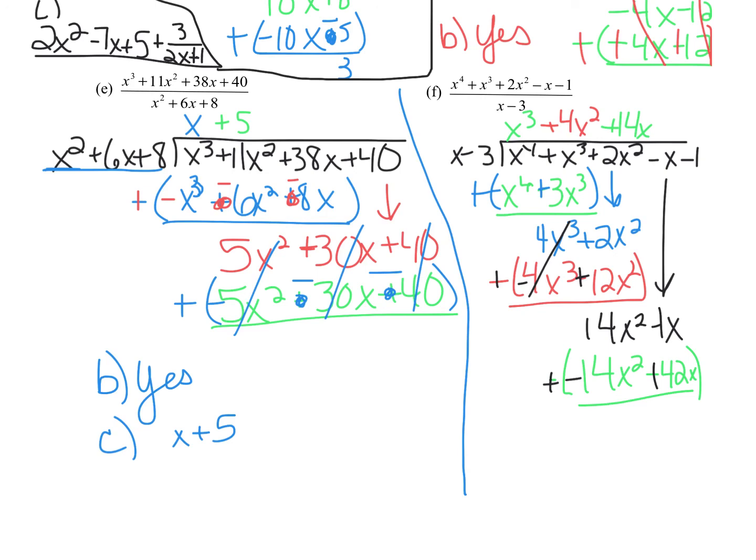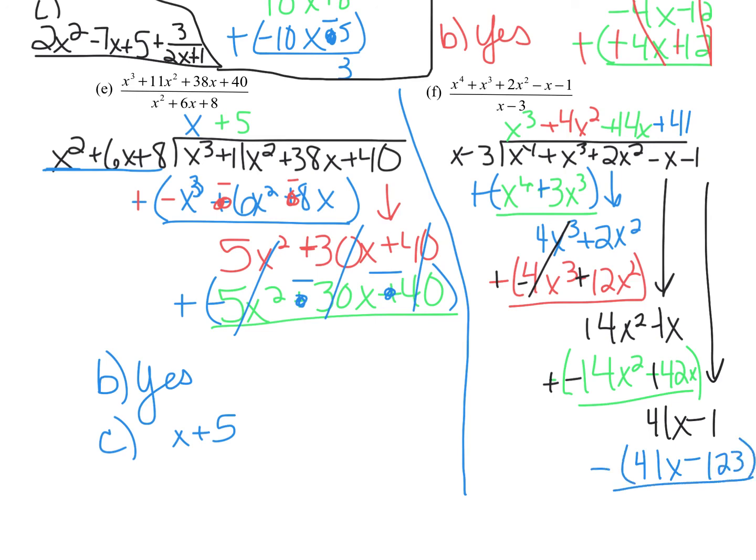So negative 1x plus 42x is 41x, and we're going to bring down the negative 1. So x goes into 41x 41 times. So I get 41x. 3 times 41, and this is negative 3 times 41, so that's negative 123. And then we subtract. Change our signs. Negative 1 plus 123 is 122.